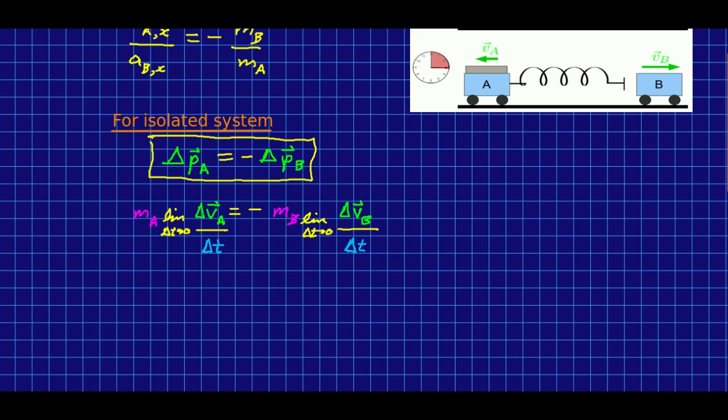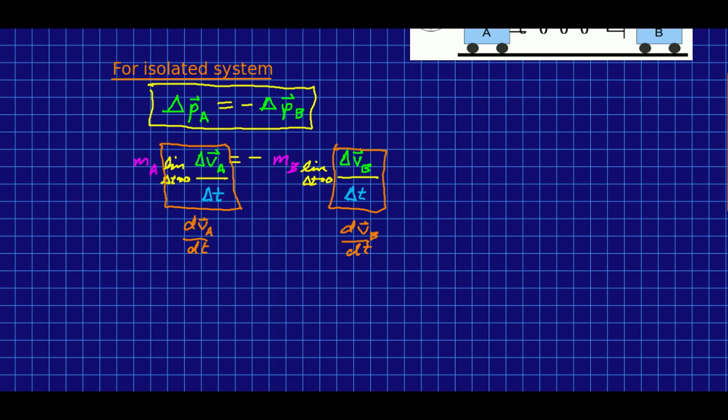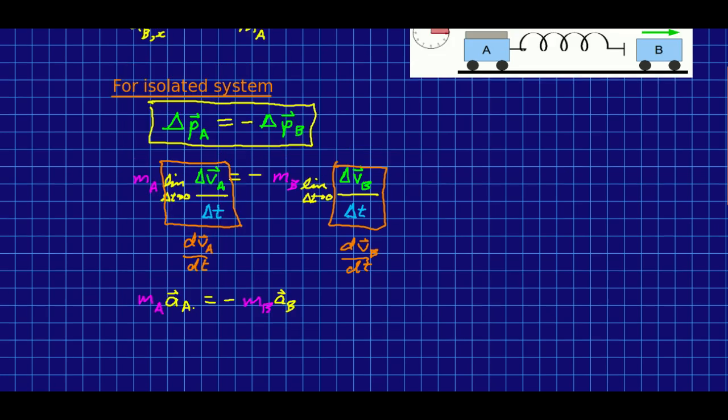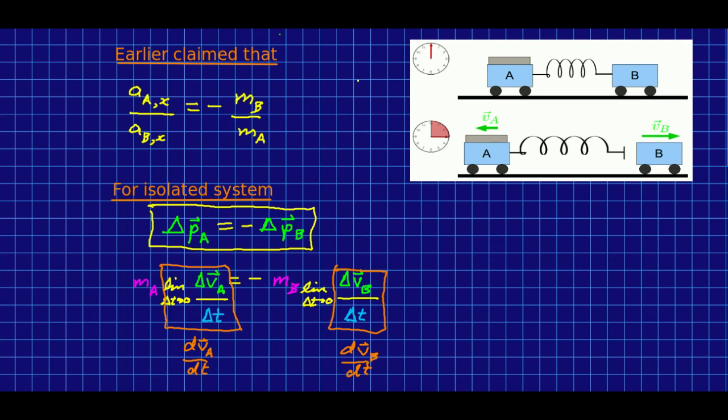But that is by definition just the time derivative, right? So this is dva by dt, and this is dvb by dt. But again, by definition, that is the acceleration. And so now what I just have is, and you can certainly rearrange that and just look at the x components and come up with this relation.